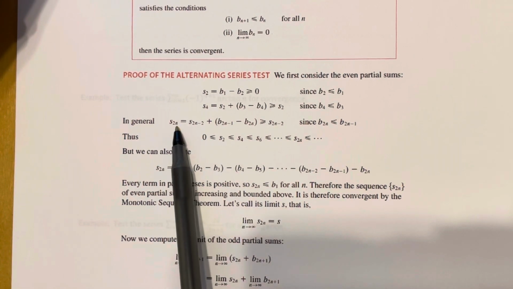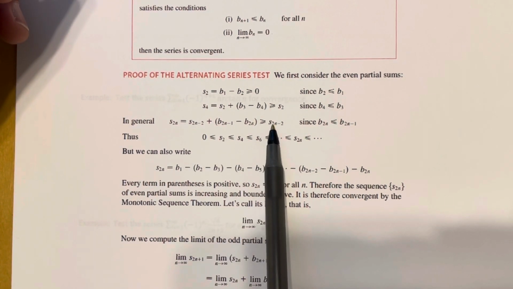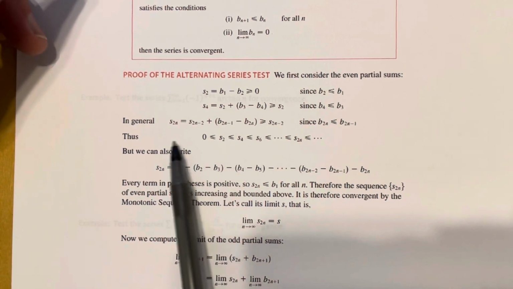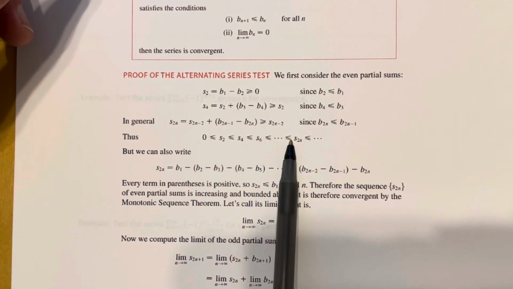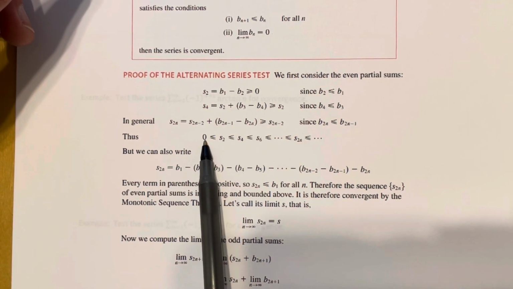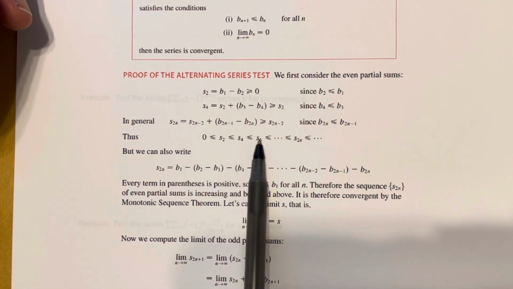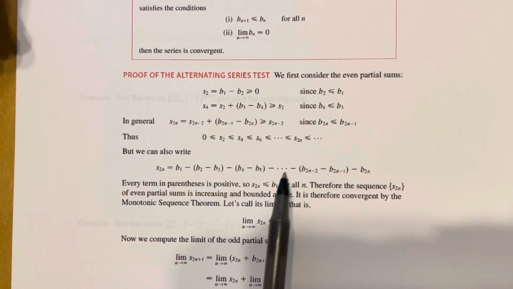Written generally, S2n, where n is any integer so 2n is even, is greater than or equal to S2n minus 2. This would be the even number that comes before 2n. So if I look at just the even partial sums, they're all non-negative, and they form an increasing sequence of partial sums.